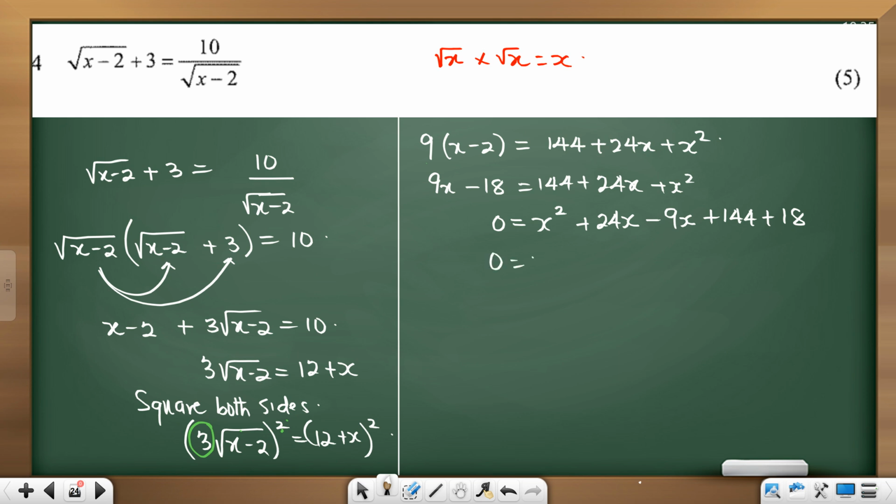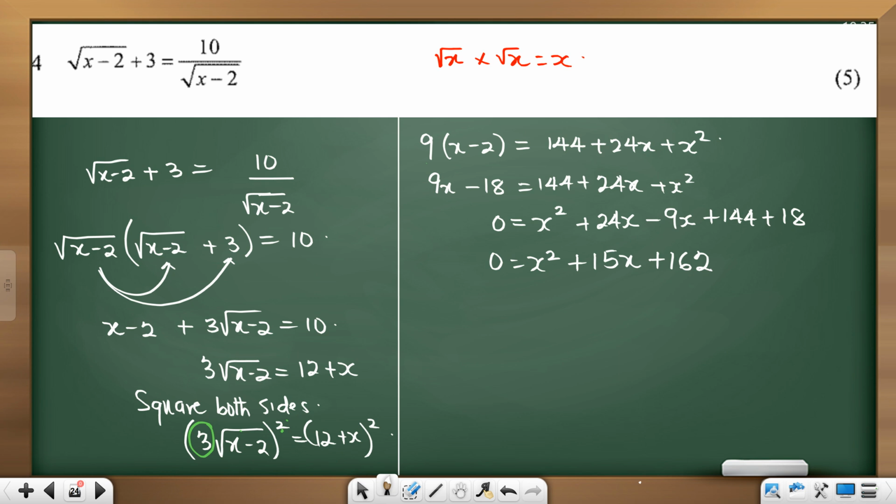Follow my steps in case I make a mistake. What is 24 minus 9? That will give us, what is that? 15. And what is 144 plus 18? That will give us 162.